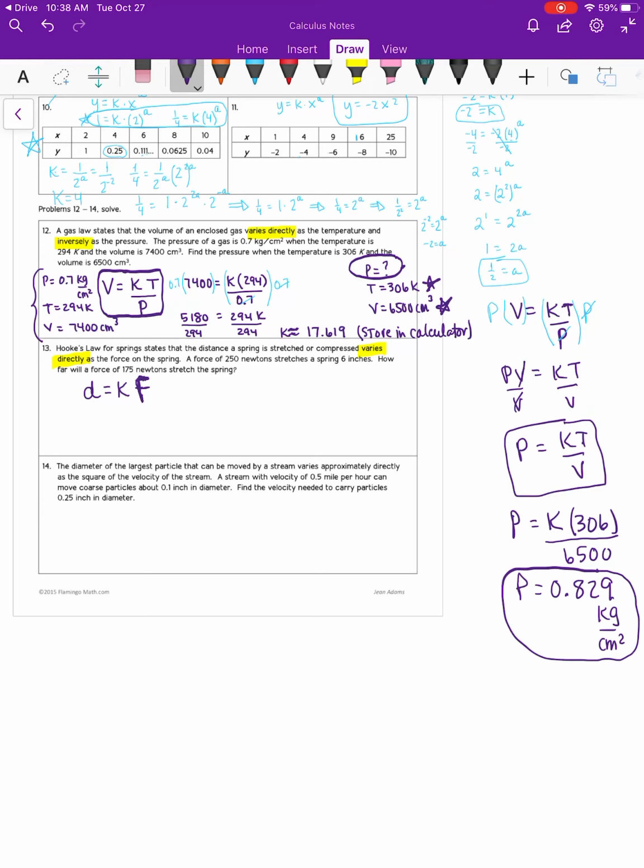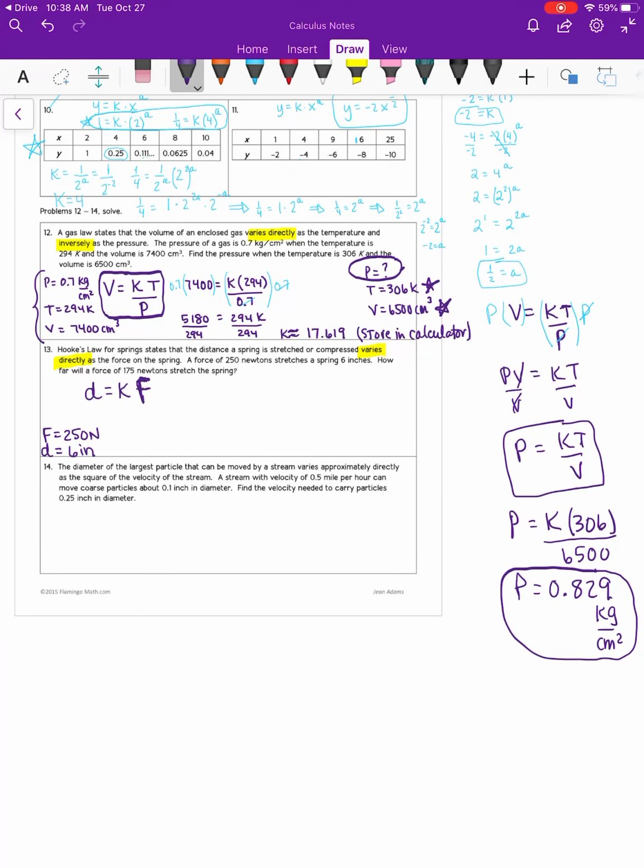And then it gave us a situation where it says a force of 250 newtons. So when F is 250 newtons, the spring stretches a distance of 6 inches. They gave us that so that we could solve for K. So 6 is equal to K times 250.